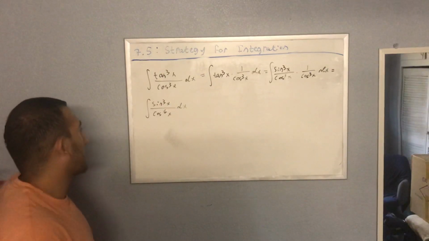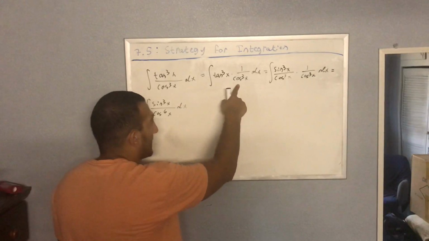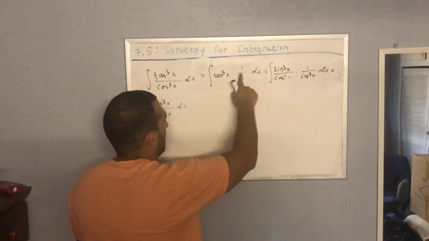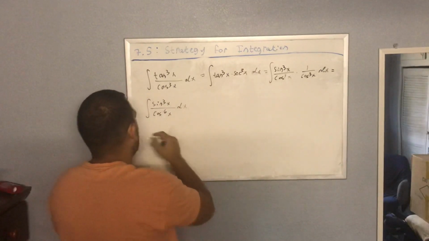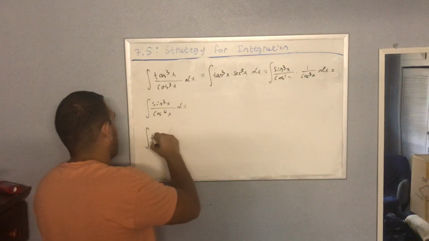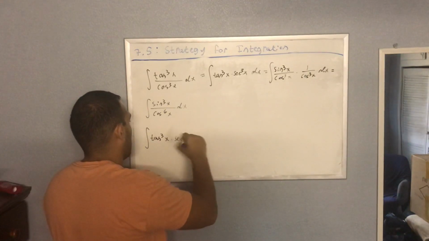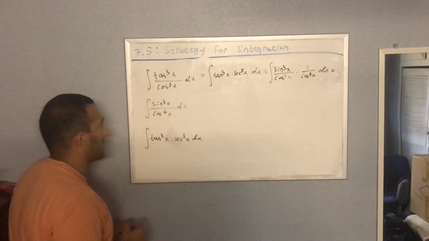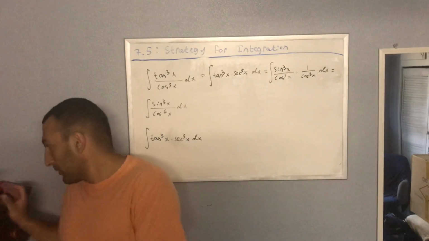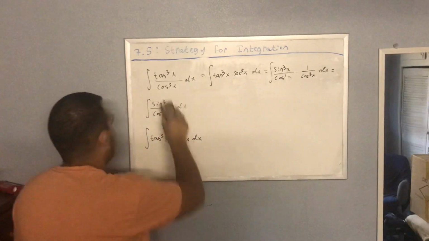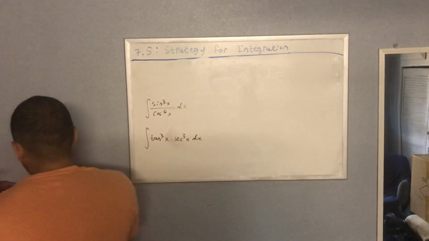So another way of doing this was to just immediately notice that 1 over cosine cubed is a secant cubed. So both of these are worth noting, that we could convert our original integral into these. Both of these are completely fine. Now it's up to you which method you want to choose.